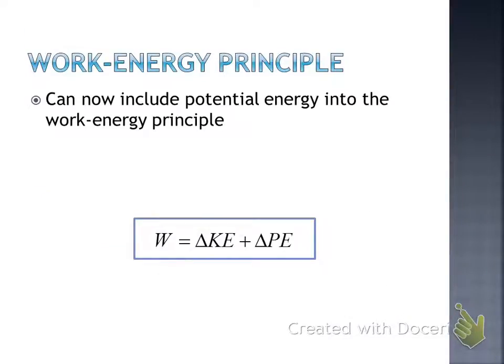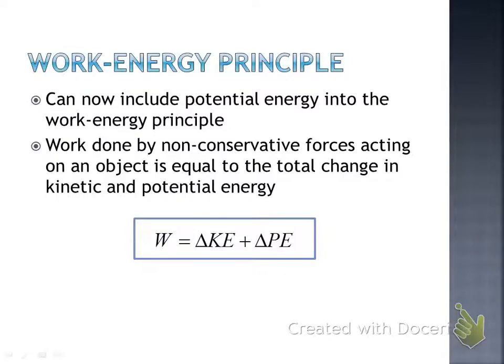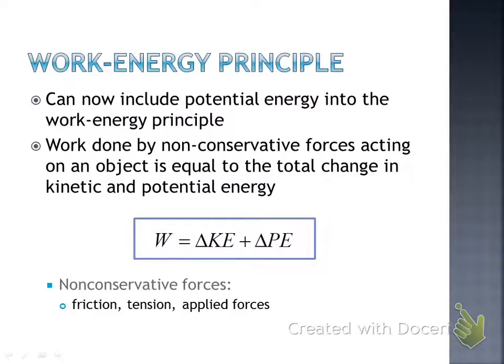Okay, so now we can take this work energy principle, which is the change in kinetic energy is equal to the net work. We can add potential energy into that equation. This is for non-conservative forces. We can take the total energy of the system and equate it for work. We can't look at only potential energy, but we can look at the combination of the two for non-conservative forces.